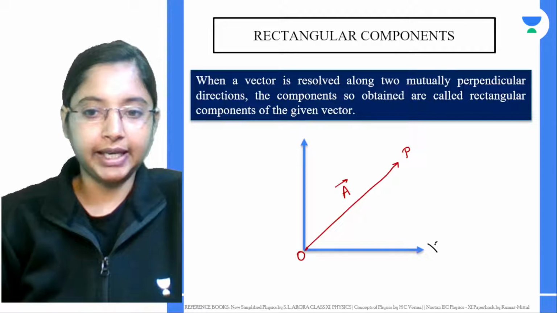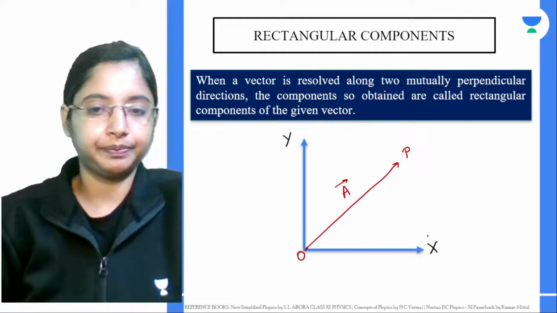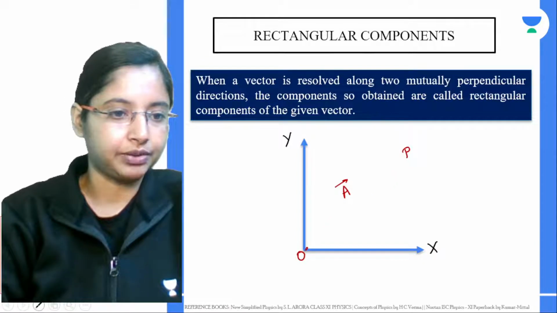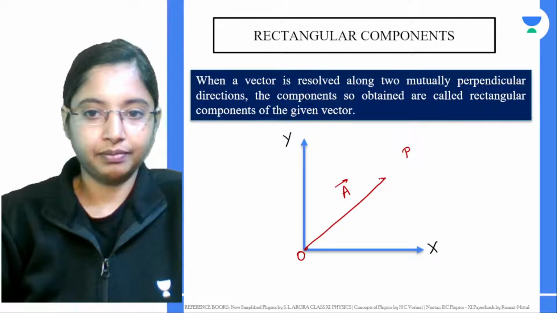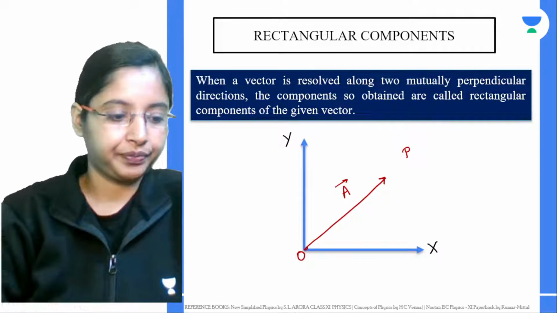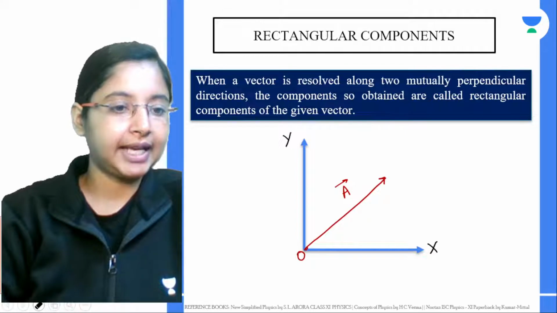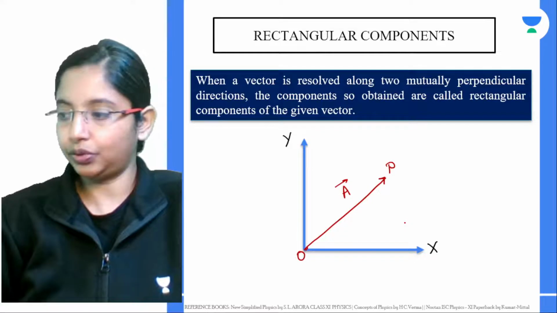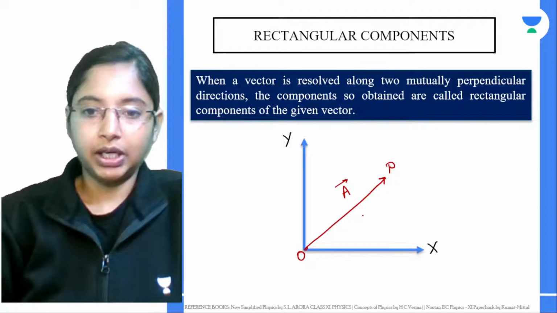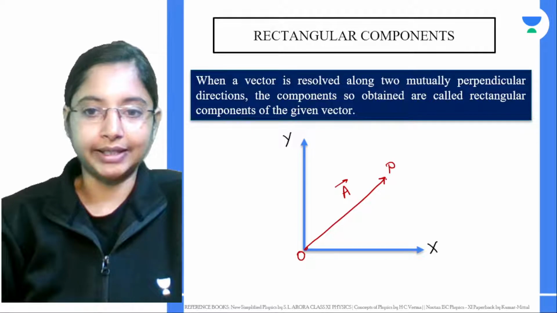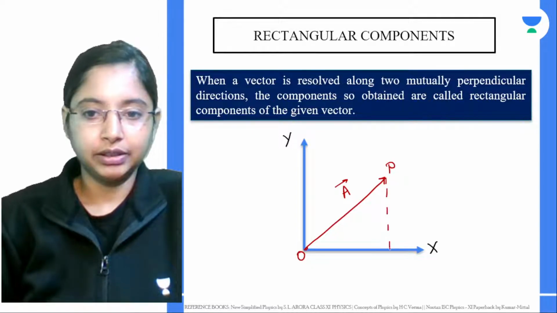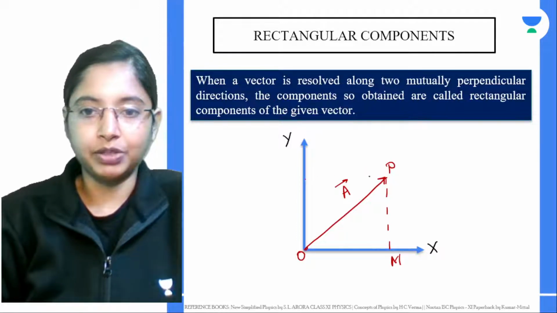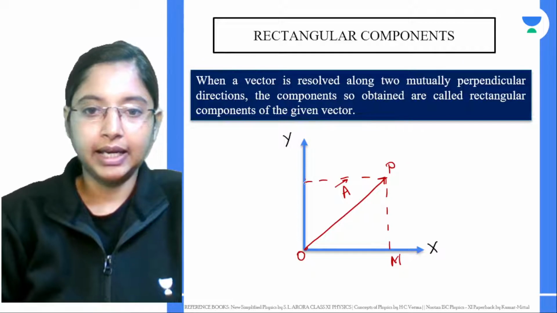From here we take the x-axis, and from here we take the y-axis. Now I'm going to take 2 points on the x and y axes. From here I'm going to drop a line, and let's name this M. From this point I'm going to drop another line to the y-axis, and let's name it N.